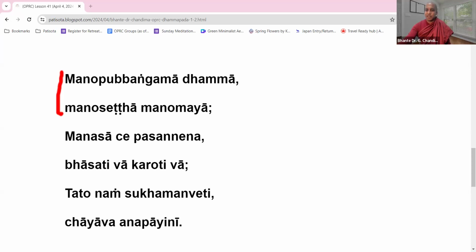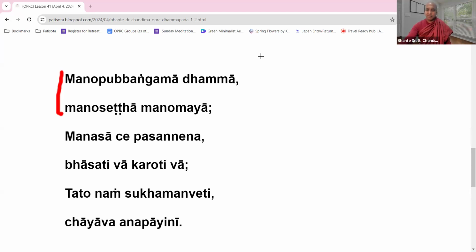Then group 7. Lim, let's go ahead. Mano pubbangama dhamma, mano settha manomaya, manasa ce pasannena, bhāsati vā karoti vā, tato naṃ sukham anveti, chāyā va anapāyinī. Okay, great. And then the last group, group 8.